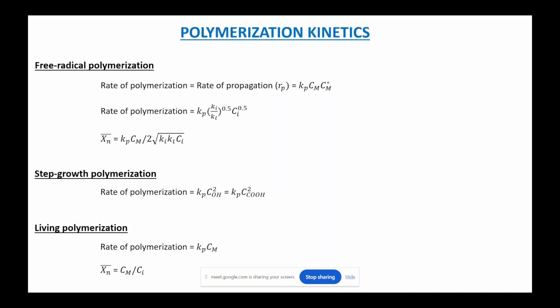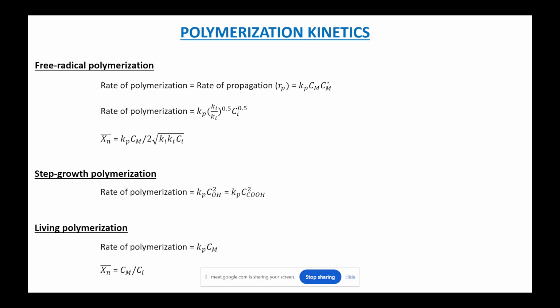This monomer free radical interacts with another monomer, forming another radical. This keeps happening, the chain continues to increase in length, and at one point the chain terminates to form a polymer of a certain length. So this is free radical polymerization.